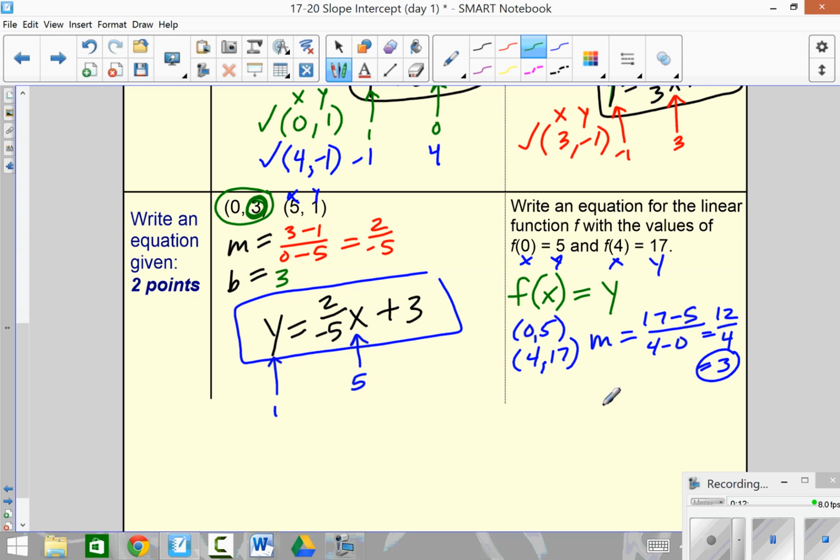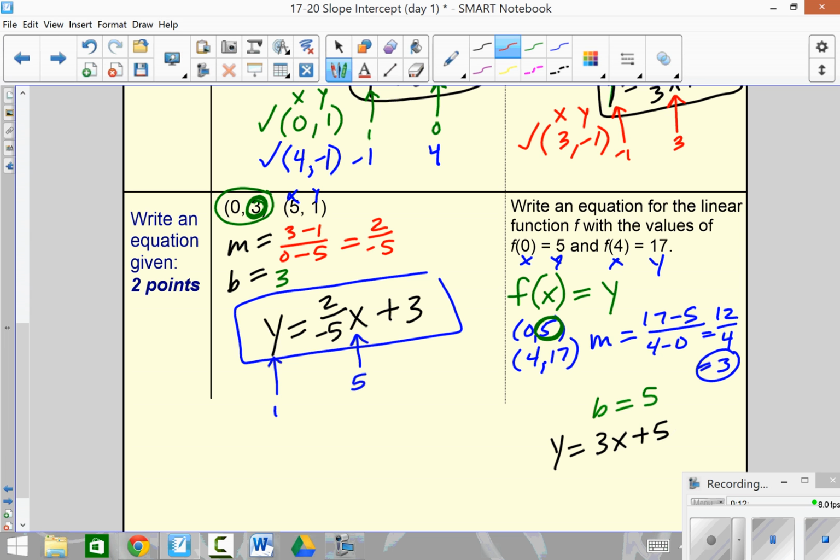Our b in this case, remember our hint. Wherever there's an ordered pair where the x is 0, our y-intercept is the number that is paired with the x of 0. So our y-intercept here is 5 because of this x equals 0. So I have my m and my b. Final equation is y equals mx plus b, so y equals 3x plus 5.